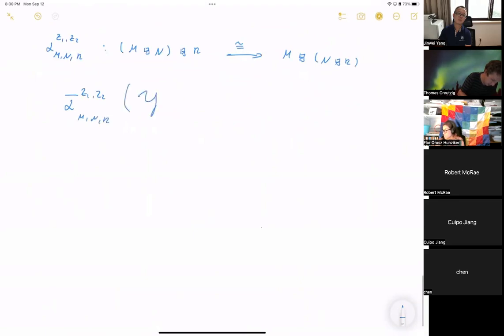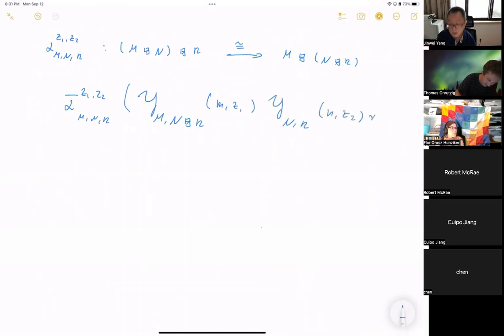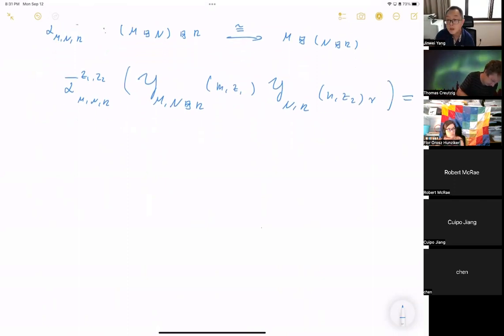And the associativity property is then that we write down the tensor product in terms of intertwining operators. Lowercase m denotes a vector in the module M, and lowercase n a vector in the module N, and r accordingly. And what you want is that the associator maps the composition of these intertwiners to this one.